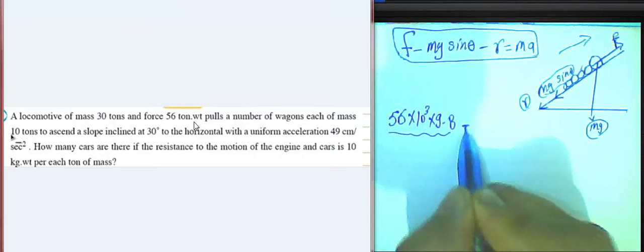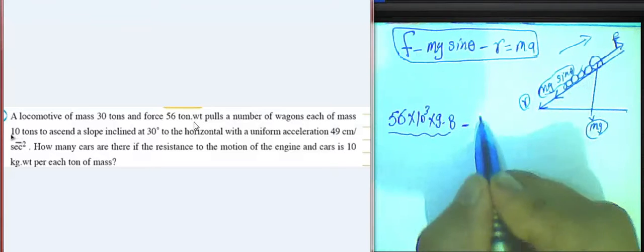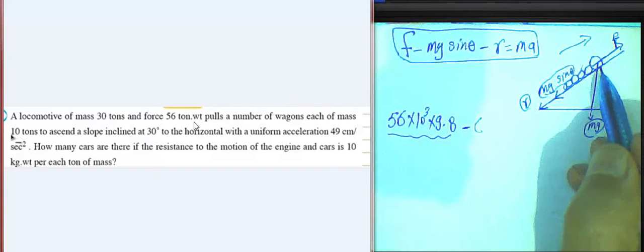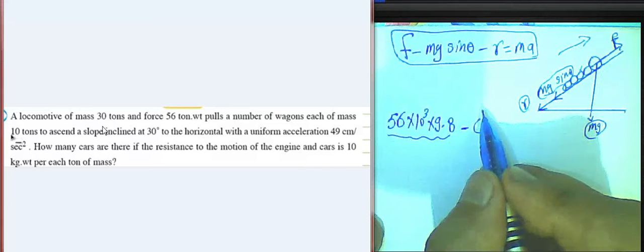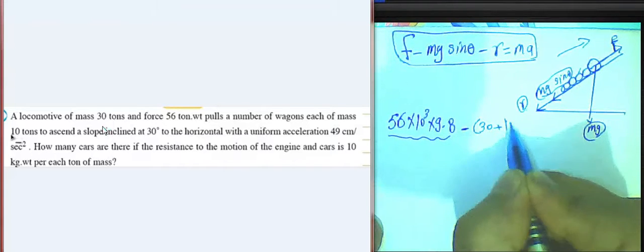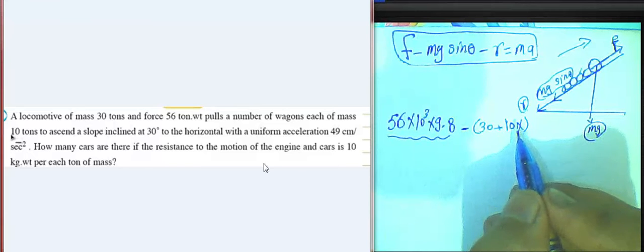Okay, complete with me. m is the weight, all of this weight. We can write m here was 30. He gives us the locomotive of mass 30 ton. We can write here 30 ton plus 10x. Here he gives us each wagon's mass, 10 ton.